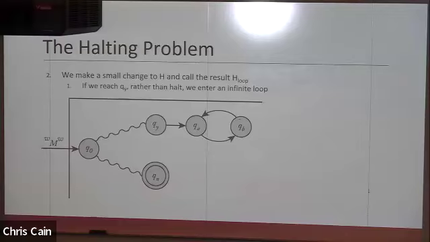The idea is, if we can answer yes and no to the halting problem, then what happens when this machine takes itself as input? If the answer is yes, we halt, which would answer the halting problem, we go into an infinite loop. And if the answer is no, we don't halt, then we halt.